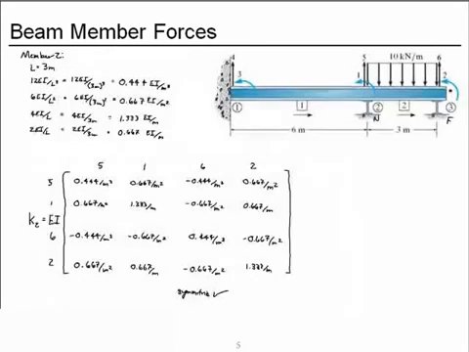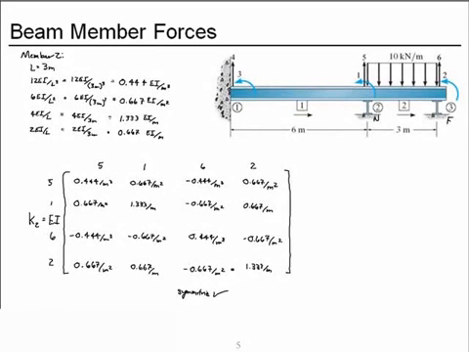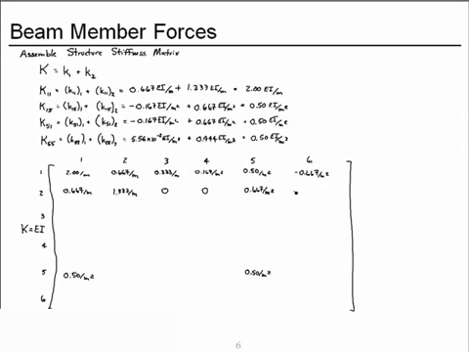Then 2,3 we see will be 0 because no member connects degrees of freedom 2 and 3. 2,4 will also be 0. And then 2,5 will come from member 2. 2,6 also comes from member 2.